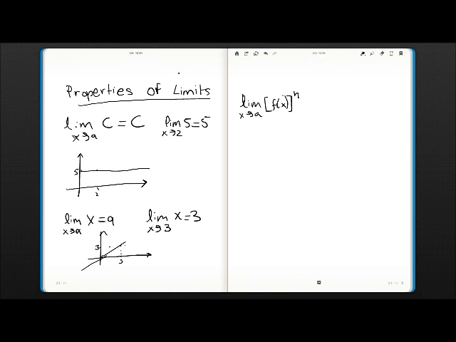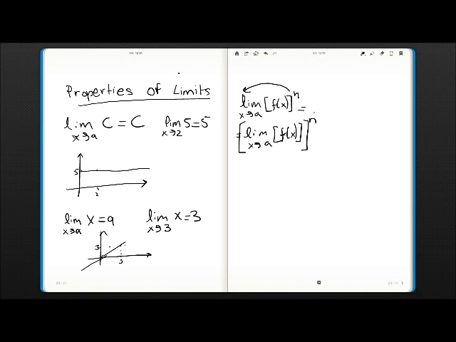What we can do with this limit is take out the power and put it outside the entire limit. So that is equivalent to the limit as x approaches a of f of x, in a big bracket, to the power of n.